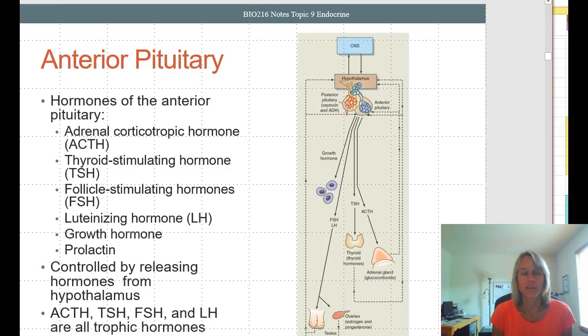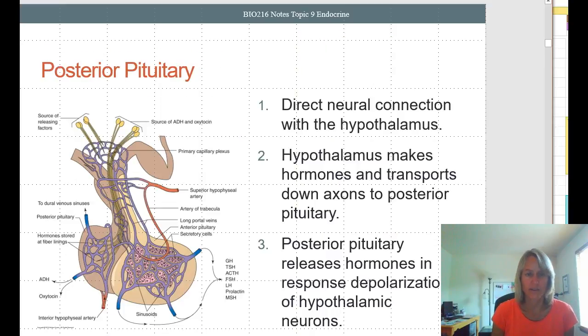Okay, so let's look at the hormones of the anterior pituitary. Actually, I'm going to go back to this slide for a second here. The anterior pituitary is glandular, and it makes its own hormones. But these hormones are released in response to releasing and inhibiting hormones from the hypothalamus.